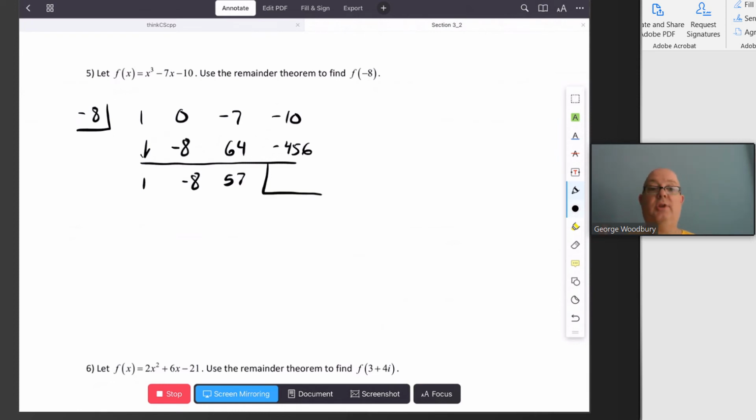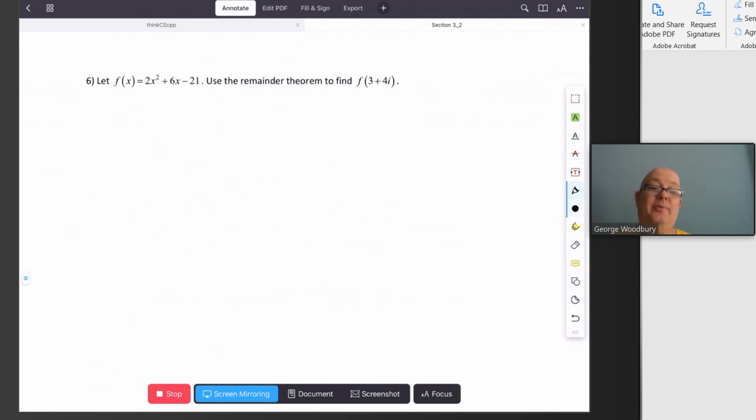We add those two together. Negative 10 plus negative 456 is negative 466. And that is what f of negative 8 is equal to. Now again, you could work this out, but that is the right result.